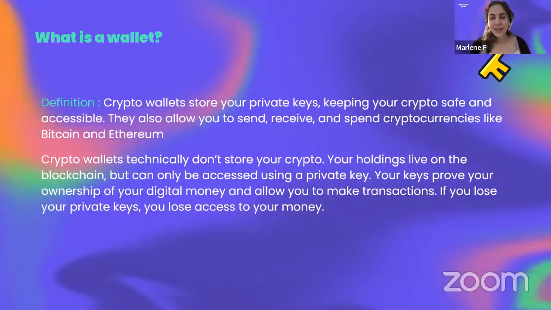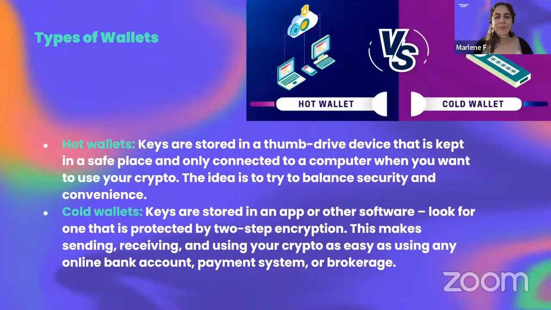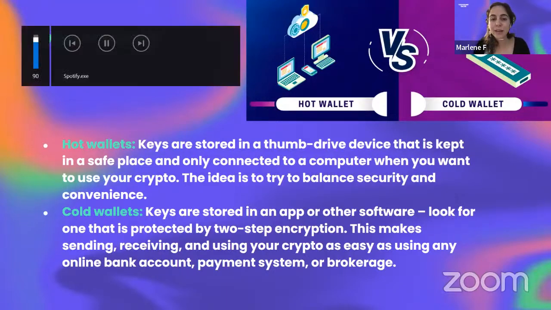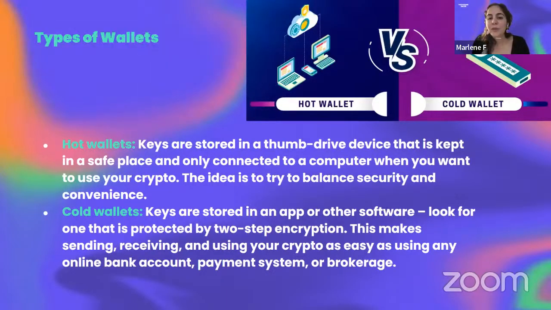On the next slide, we can see, as I said, there's mainly two types of wallets: hot wallet and cold wallet. So what is the difference? A hot wallet is where keys are stored in a thumb drive device that is kept in a safe place and only connected to a computer when you want to use your crypto.